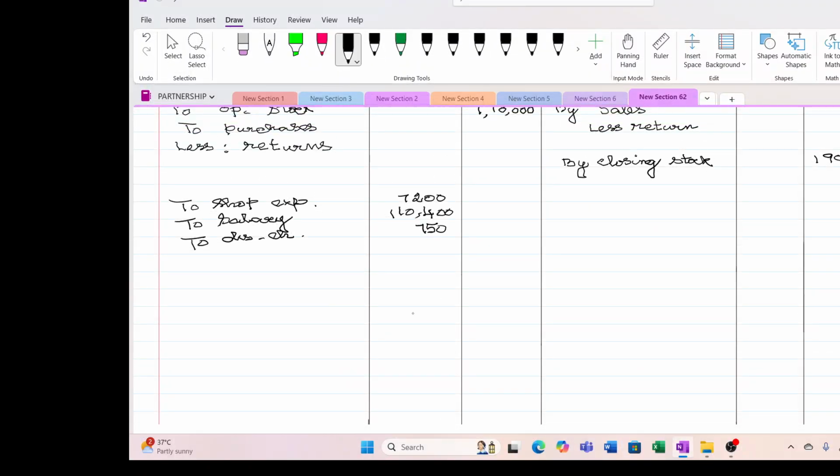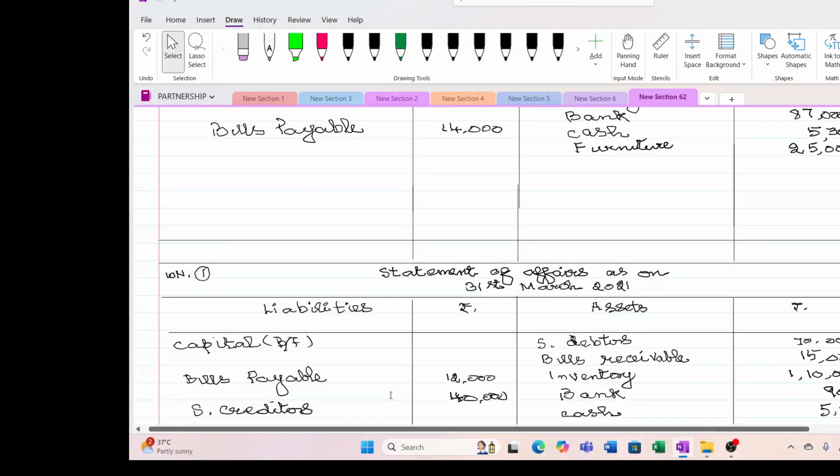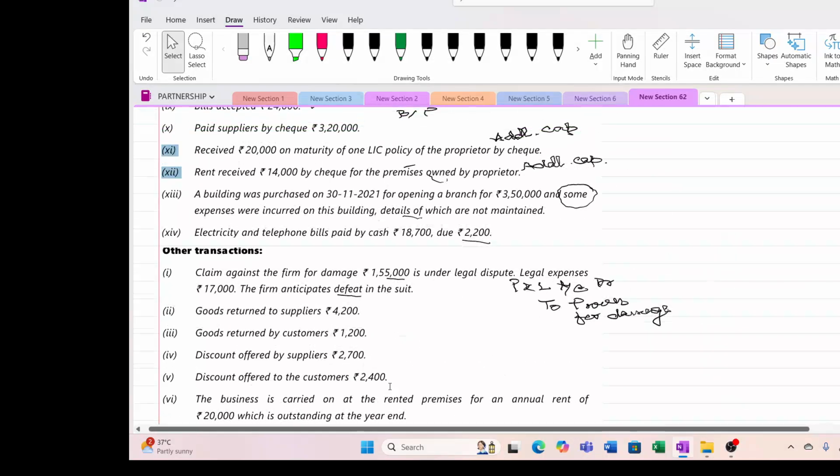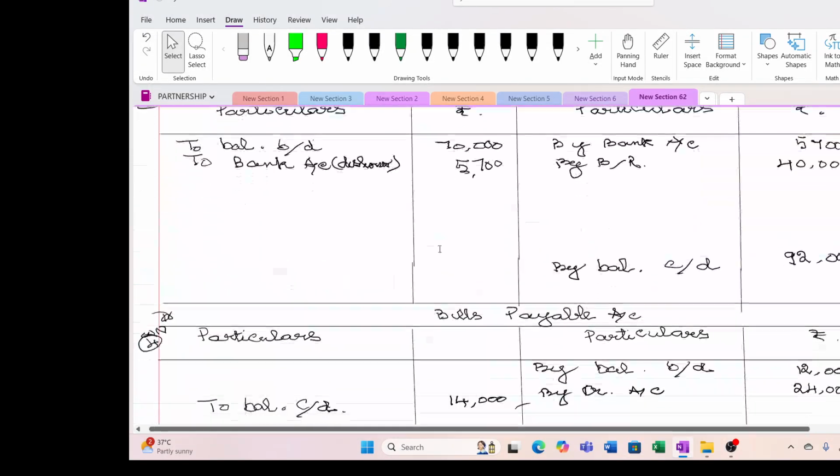So in the P&L account, to electricity 18,700 and outstanding 2,200. So 20,900 will appear on the debit side. Here in the bank, this 18,700 is a payment made by cash.